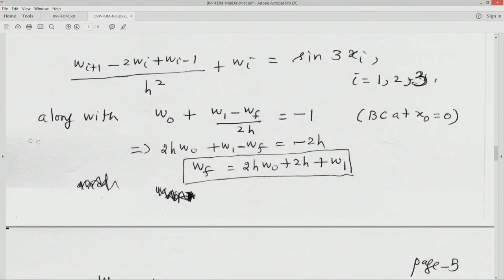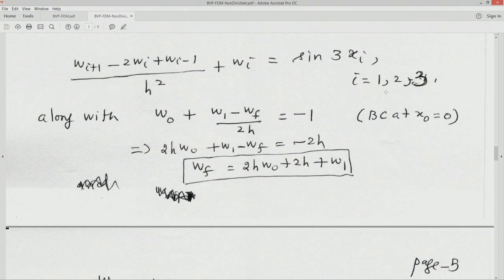Namely, the unknowns are wi. When we do all this, we end up with this equation, namely wi plus 1 minus 2 wi plus wi minus 1 by h square plus wi is sin 3 xi for i equal to 1, 2, 3 at the interior points.